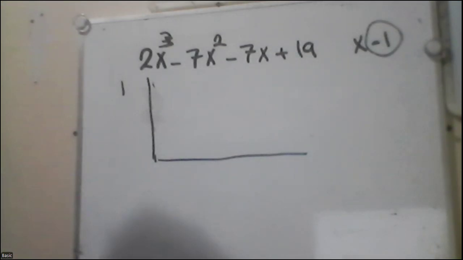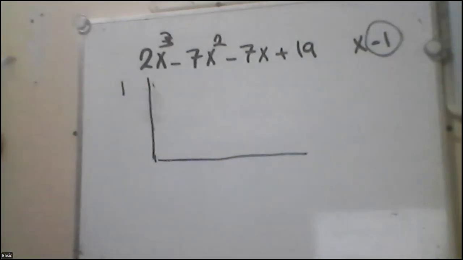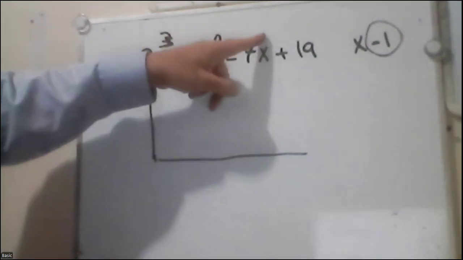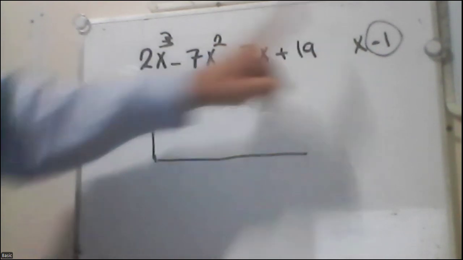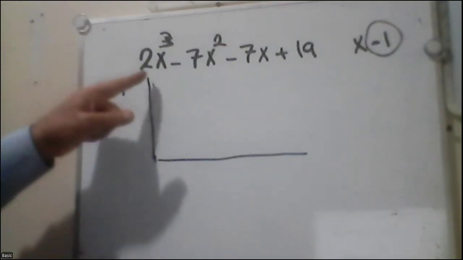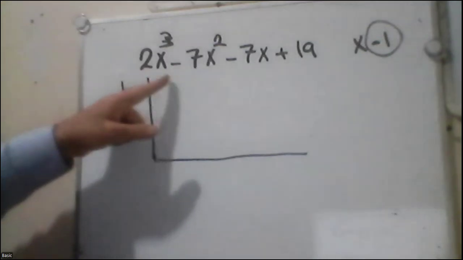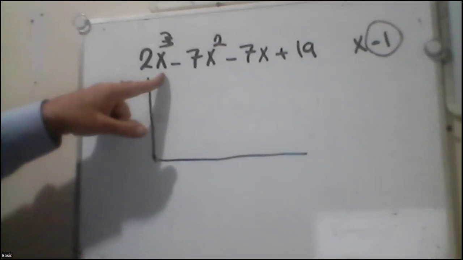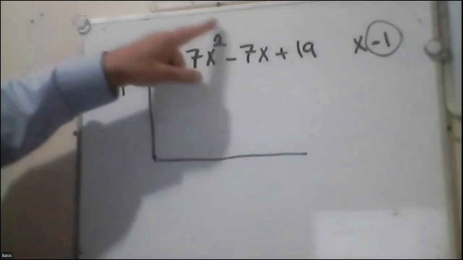Now, I will put the coefficients of all the powers. But I want you to notice one thing. Here I go from power 3, power 2, power 1, and this is the constant, which is power 0. I will put the leading coefficient, but I will go gradually descending for the power.